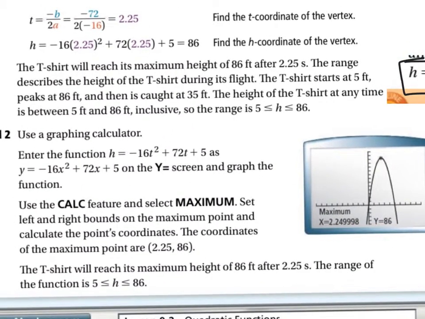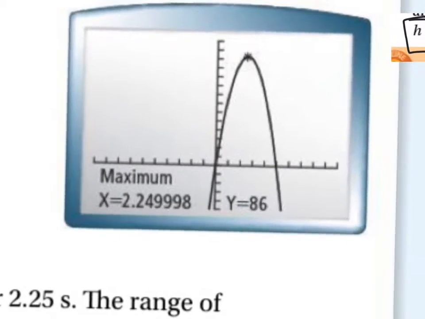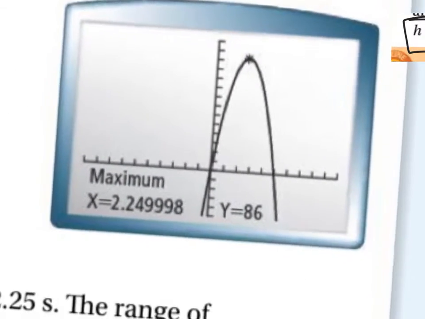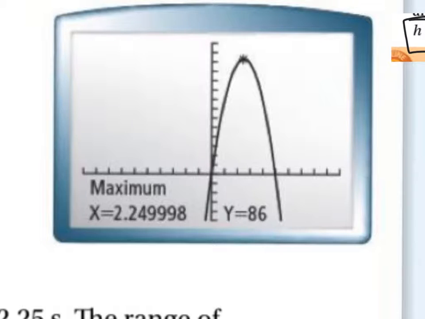So the range is our possible y values. We don't actually have the whole graph because we're just going to stay in the first quadrant. We're not having a negative time. Also, they're starting at a height of 5 feet.